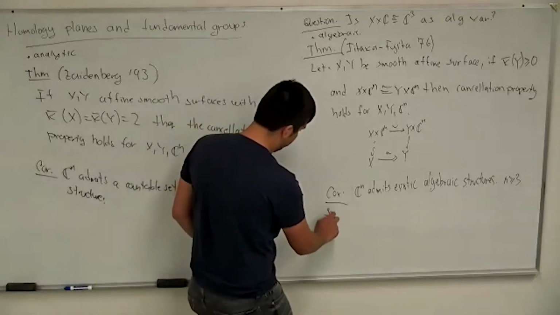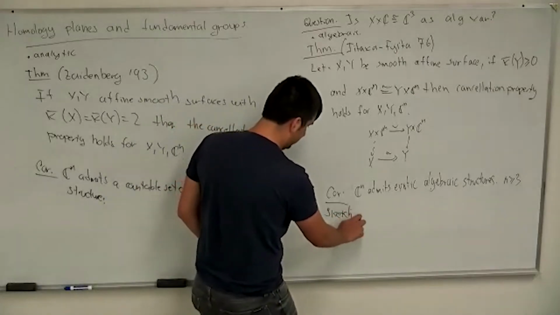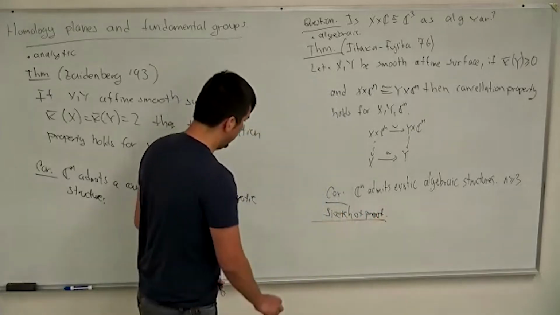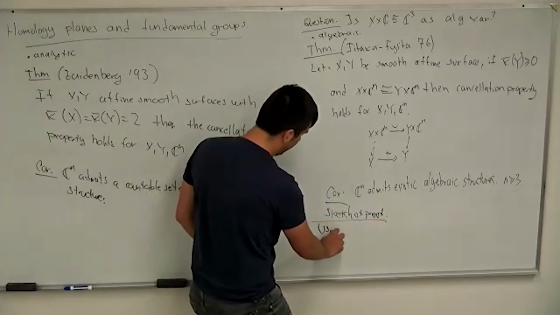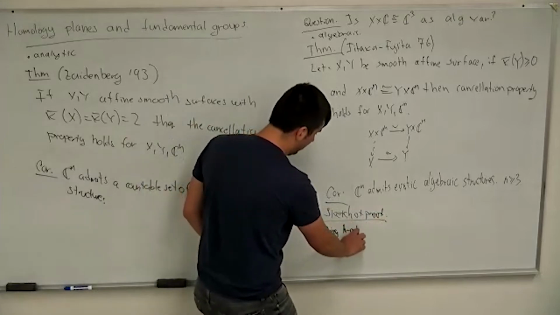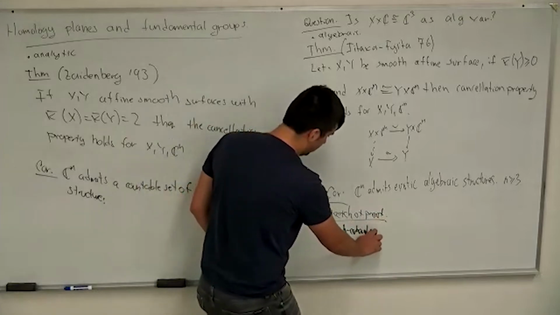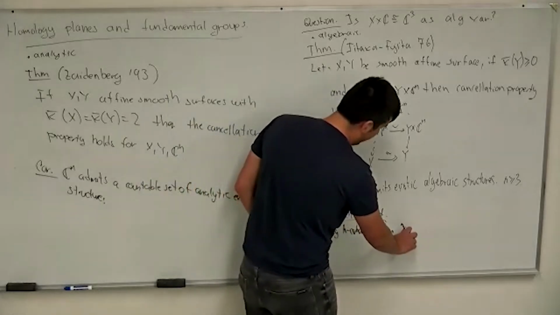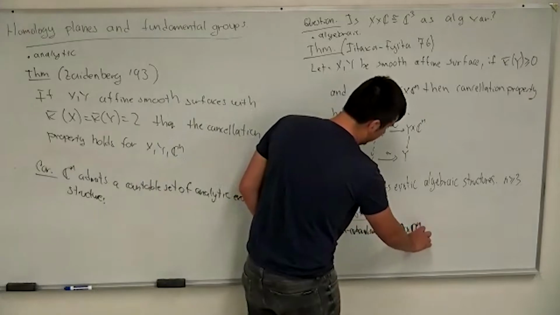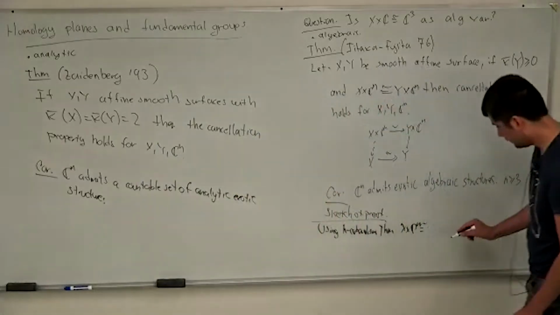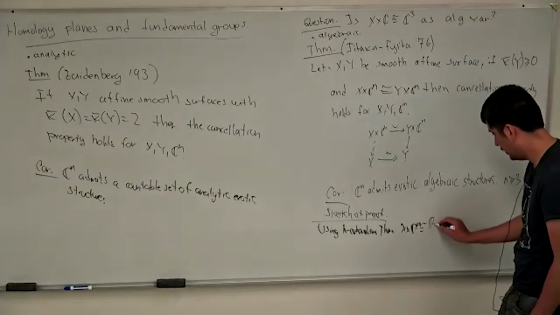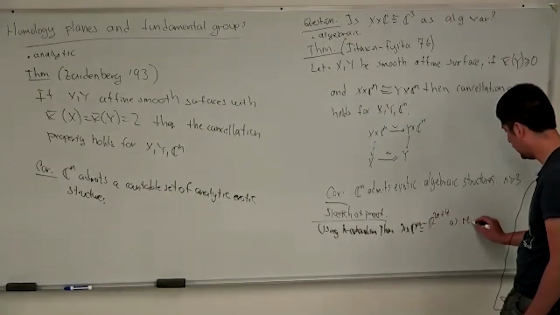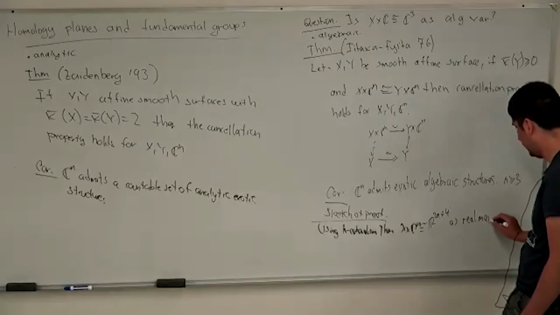Yeah, so the sketch of the proof is that using the h-cobordism theorem, we can find that X times Cn is isomorphic to R2n plus 4 as real manifolds, okay?